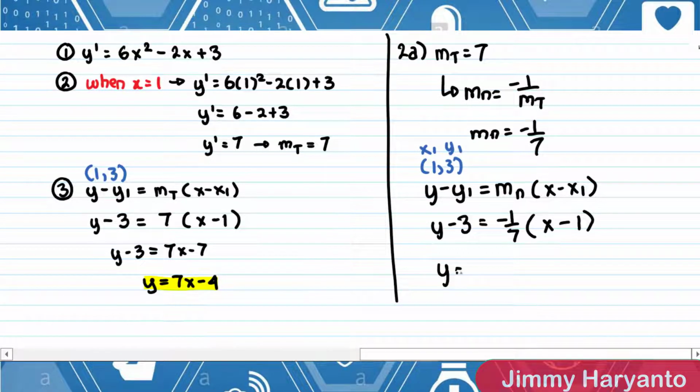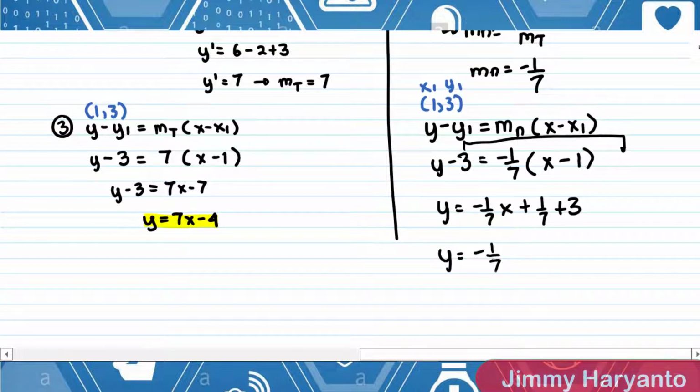After this, maybe you want to simplify the expression. You will have -1/7 x plus 1/7, and then move the -3 to the right side. You will get plus 3. So you will get -1/7 x + 3 1/7, or maybe 22/7 ya. Okay, this is the normal line.